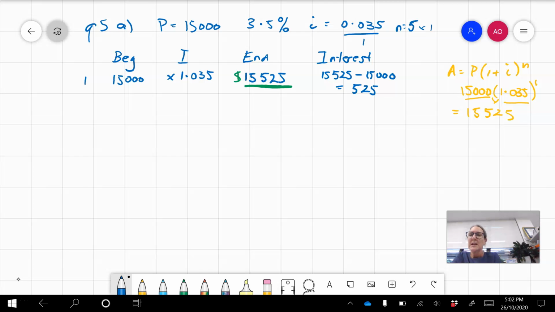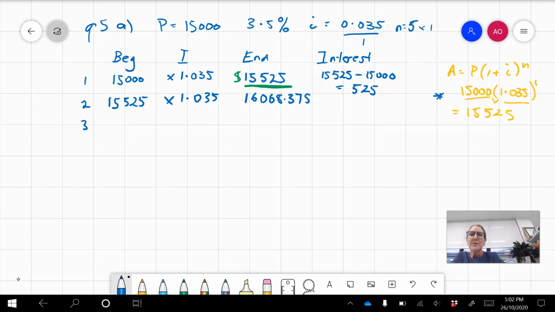So let's go back. I'm going to do this step by step. So at the beginning of the second year, I have $15,525. I'm going to do exactly the same because I'm just doing it year by year. So this little formula over here would work still. Multiply it by 1.035, and I will get 16,068.375.